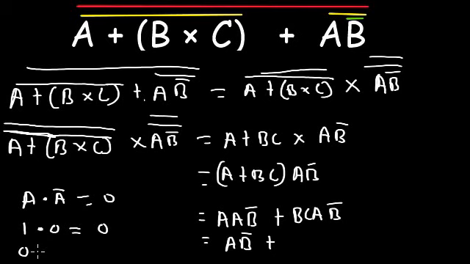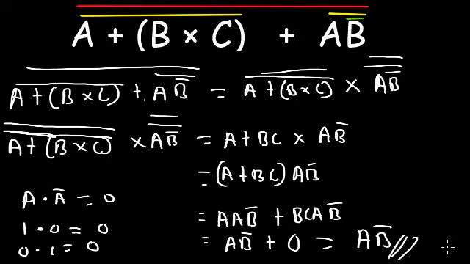Assuming A is 0, the negation of 0 is 1, and 0 times 1 is 0. Therefore, in all cases, when dealing with problems involving logic gates, an input times its conjugate will always be 0. So therefore, this whole expression will be 0. And the final answer to this problem is AB bar. And this is our final solution.